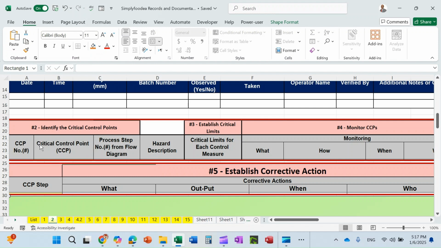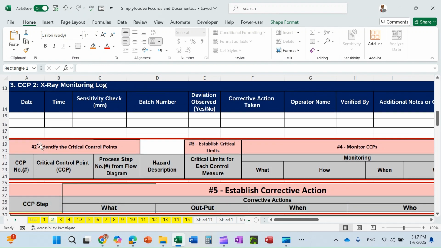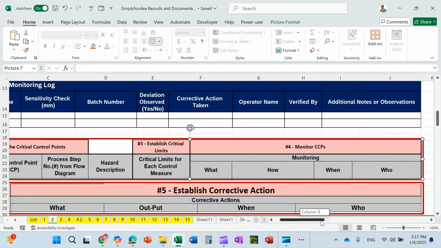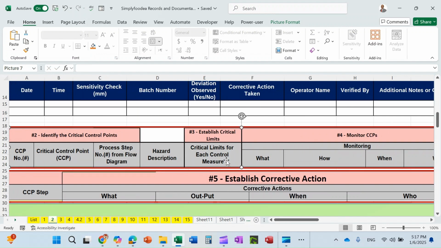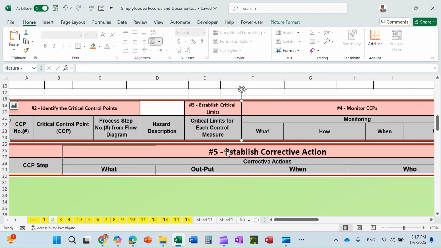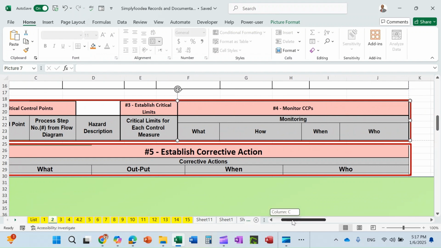For example, pasteurization is step number 5 in the HACCP plan, and it is CCP number 1. Then establishing the critical limits, the critical limits by numbers, the monitoring with the four main questions: what, how, when, and who, and finally establishing the corrective action. Also, what is the output, when, and who.